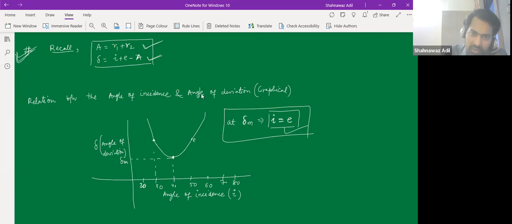This is angle of deviation, right? Whenever you have noted it down, please tell.